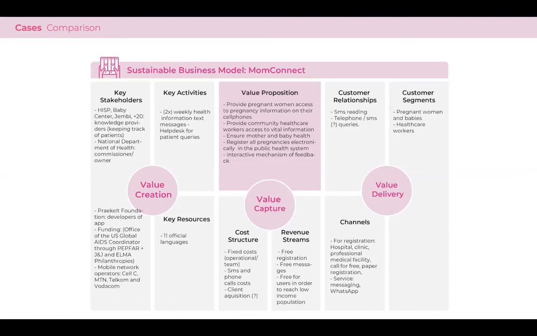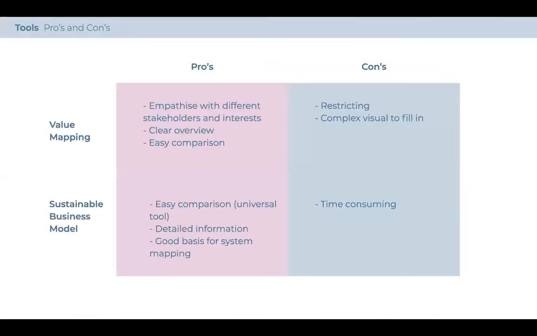And I would like to give some insights about the use of the tools. By using the value mapping tool, we saw that it's a really nice tool to empathize with the different stakeholders and to understand the different interests, because sometimes we put all the stakeholders in the same group, and we don't really understand the differences between interests.